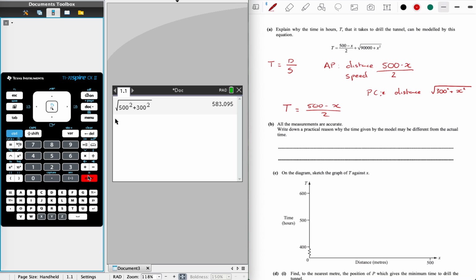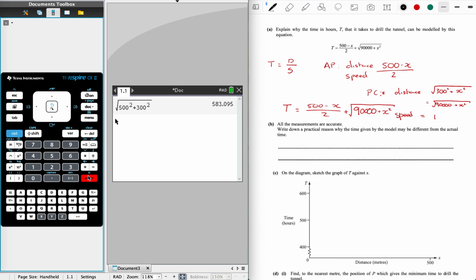And 300 squared, so that is going to be the square root of 9 with 4 zeros plus x squared. And my speed is equal to 1. So therefore, I'm going to add on to that the square root of 9 with 4 zeros plus x squared, and that's divided by 1, which I don't need to put on.